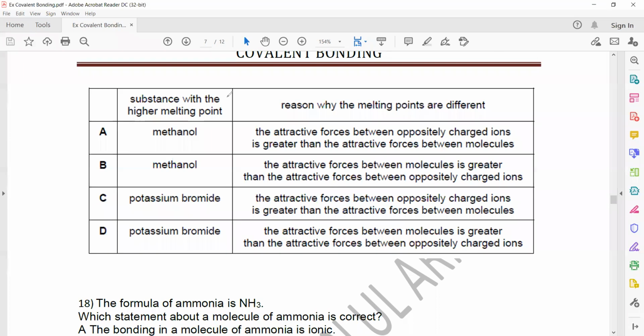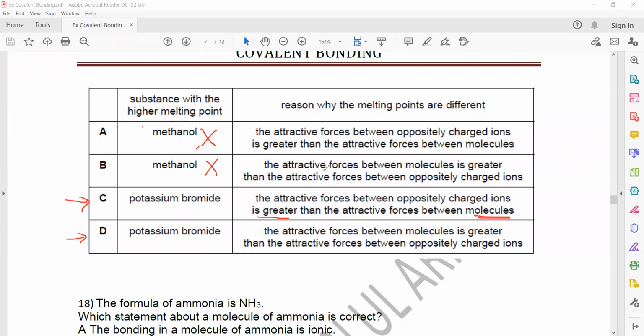So which row is correct? If we check the substance with a high melting point, it cannot be methanol, so A and B cannot be the answer. So either C or D can be the answer. Because potassium bromide is an ionic compound, the attractive force between the oppositely charged ions is greater than the forces between the molecules.